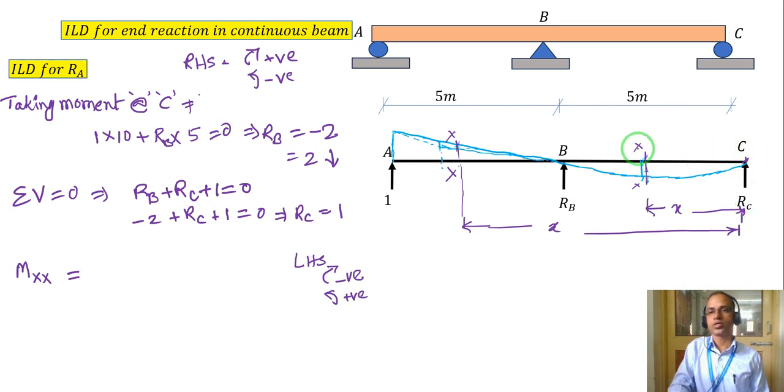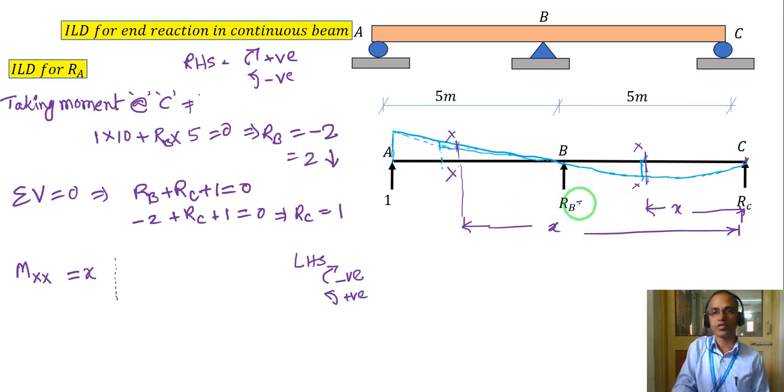This into this. This is anti-clockwise, so positive, and RC is 1. So 1 into X is X. This is as far as the BC span is concerned. But if it is span AB, then what happens? Then I have RB, which is downward.